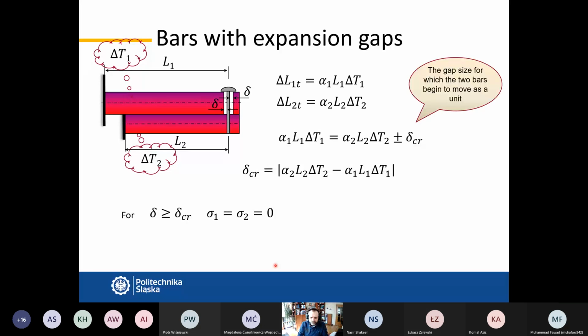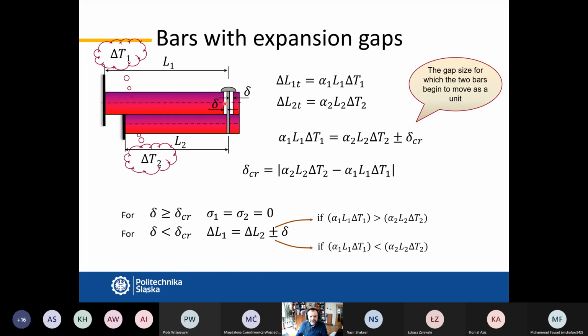So the possibility to reduce stress is to provide a thermal gap. This is the case here when in one of the elements there is a gap. They are connected via a pin, but there is a gap. What it means is that if the bars are differently heated, or they deform differently due to temperature change, to some extent they can deform without any stress.